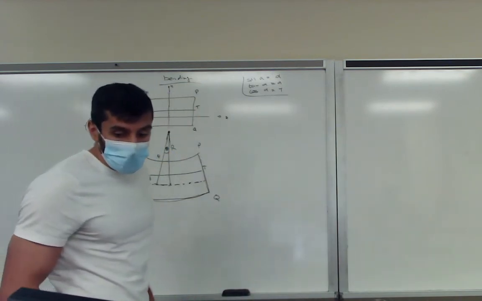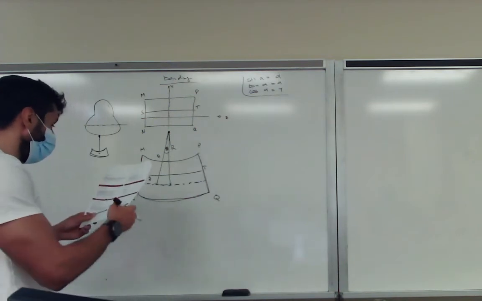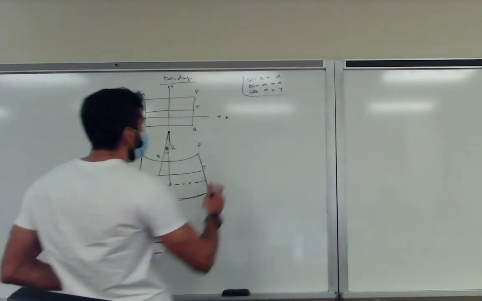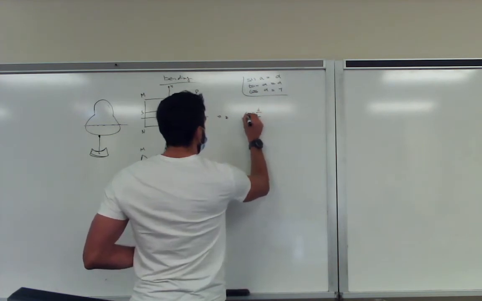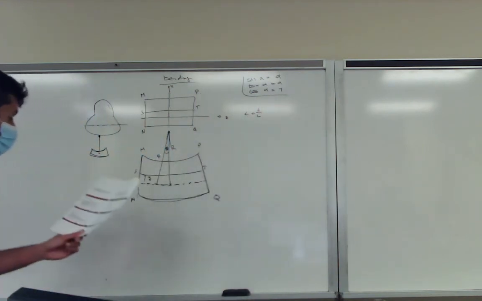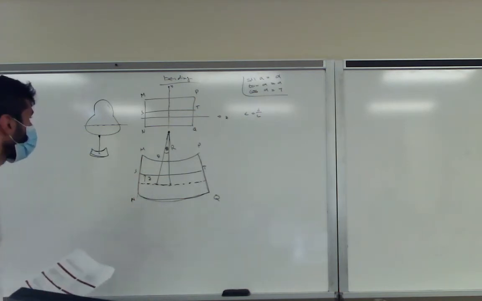With that said, we can look at what happens to the strain. First of all, we can define the strain as the deformation over the original length. That's the original definition of a strain. And we can put that into terms of what we see here in our section.